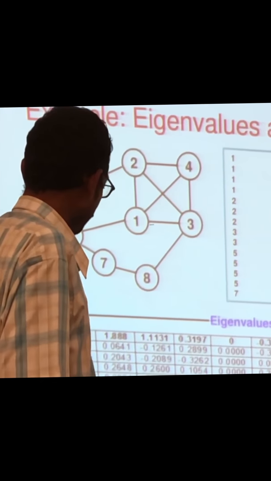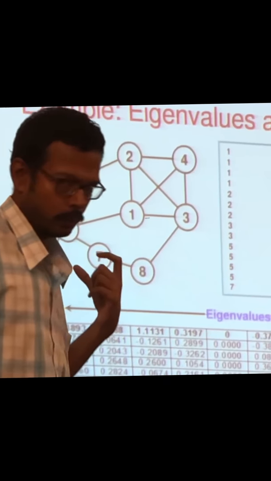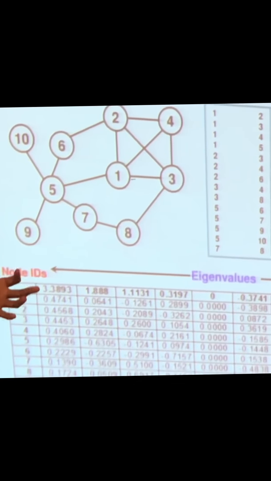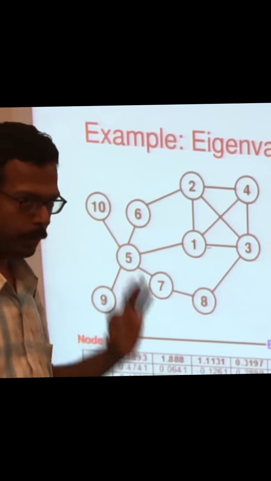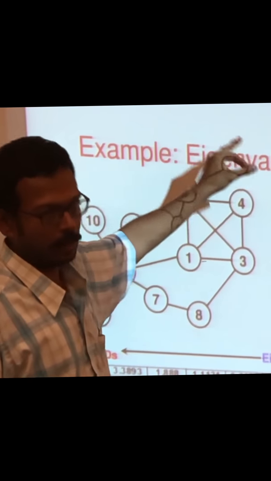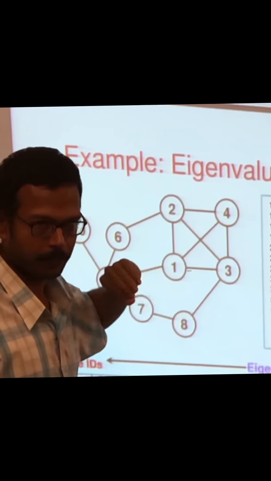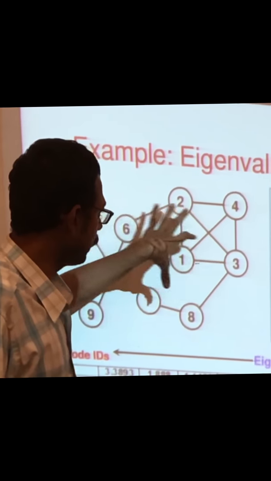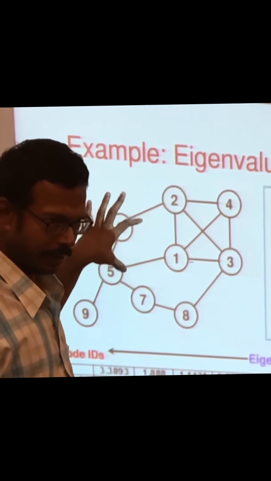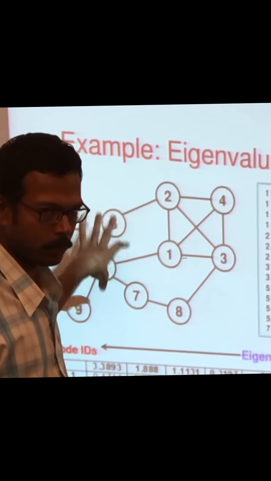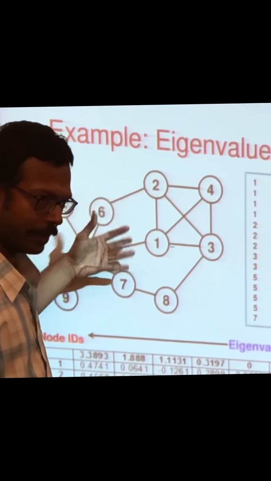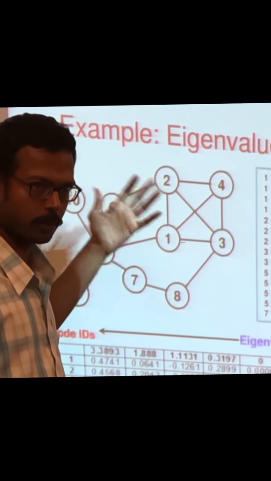But the property is this: the largest eigenvalue for a graph is guaranteed to be positive if all the entries in the adjacency matrix are non-negative. So if you work with a graph, the largest eigenvalue is guaranteed to be positive because its adjacency matrix will have all entries non-negative, zeros or ones.